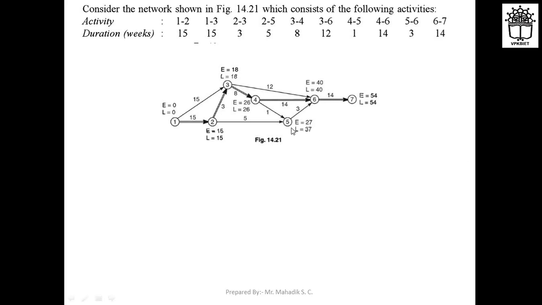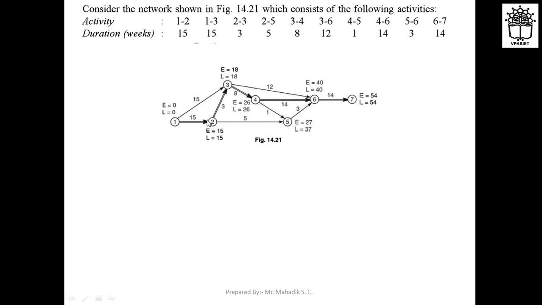Next, for the fifth you can calculate like that. 40 minus 3, it will be how much? 37, right. So you can see that L is noted here as 37. For the fourth again you can calculate L from this value, that is 40 minus 14, that is 26. Same for the third, 40 minus 12, that is 18.